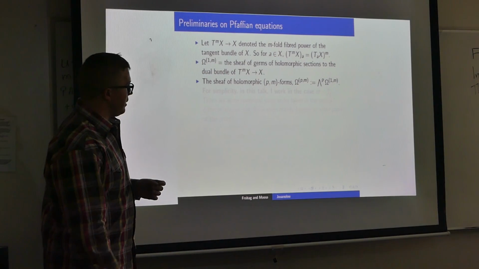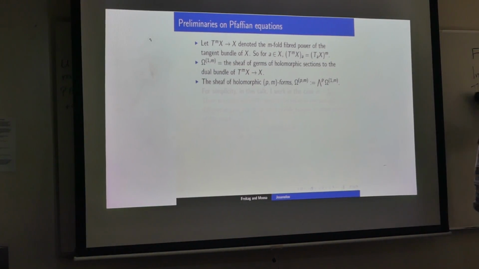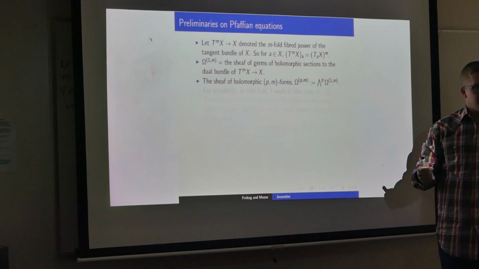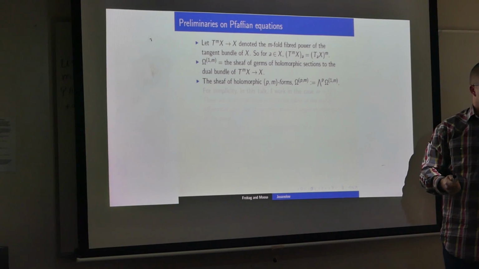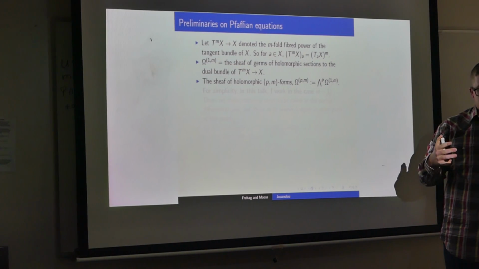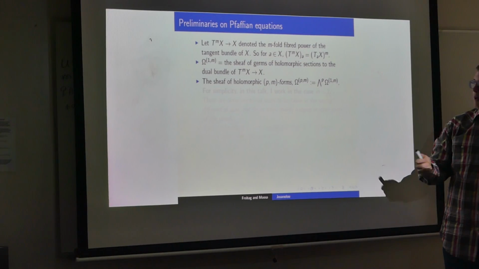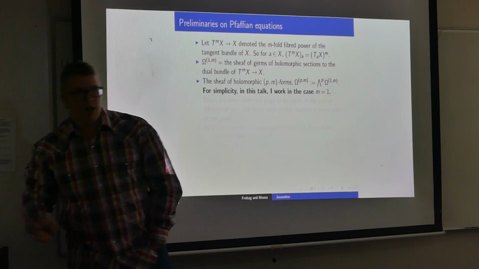So locally, from this point forward in the talk, I just wanted to give you the idea of the objects. You can think that these are the objects that you would use if you want to prove the geometric result that we'll later use for studying systems of partial differential equations with many derivations. But from this point forward in the talk, I'm going to let m be equal to 1.